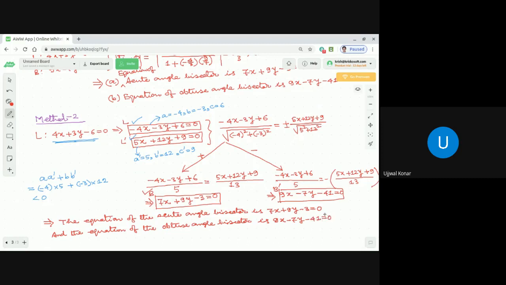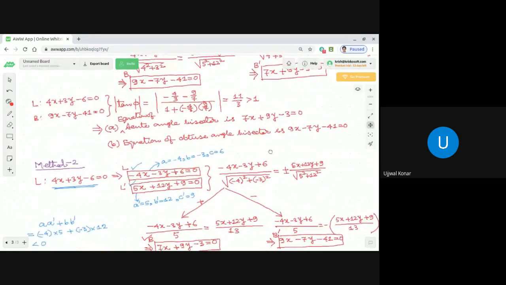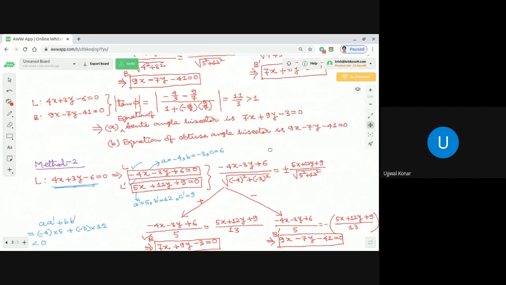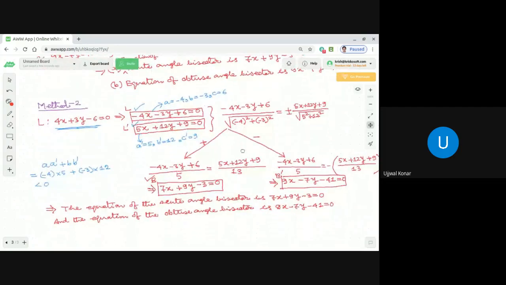And you see the result we obtained by method 2 is the same as the result we obtained in method 1. This is the way we found the equation of the acute angle bisector and the obtuse angle bisector.